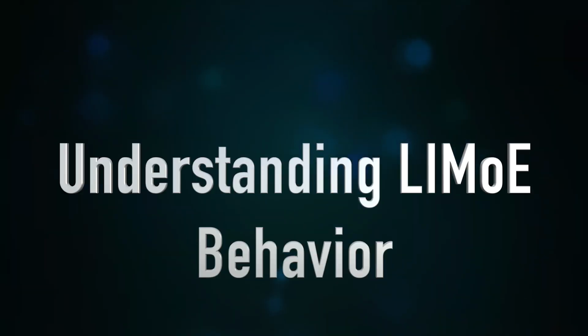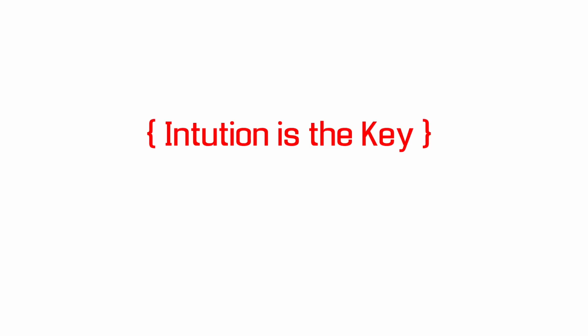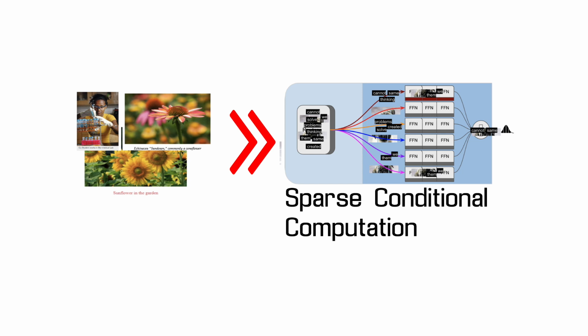Let's focus a little more on how we can learn LIMoE behavior, or understand the results from the LIMoE training. At the root of LIMoE was an intuition. The idea was that sparse conditional computation is going to enable a generalist multimodal model.